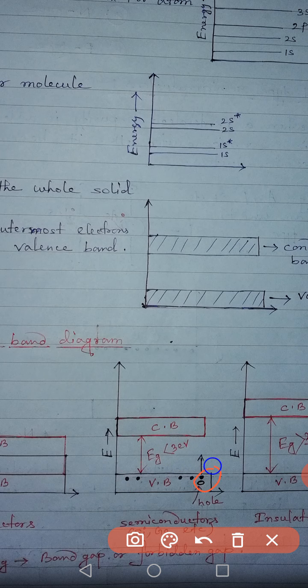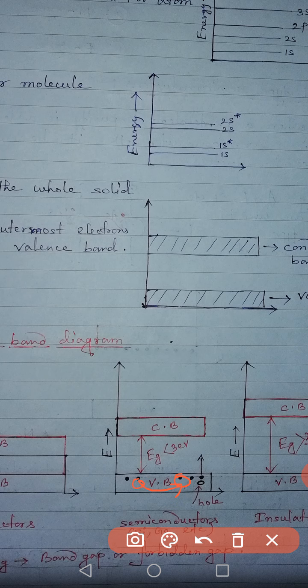Another thing: how do holes move? If this electron moves from the valence band to the conduction band, there is a deficiency of electron. Now this deficiency will be filled by another neighboring electron. Suppose this electron comes and fills up this hole. Then in this place there will be a formation of a hole. Now this hole will be filled by a nearby electron, so again another hole is created.